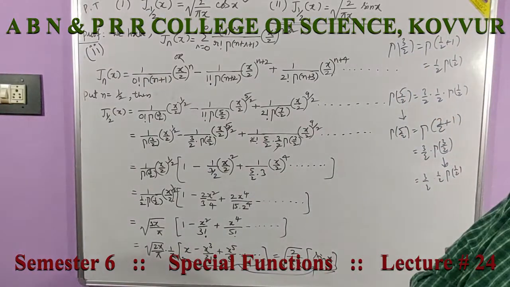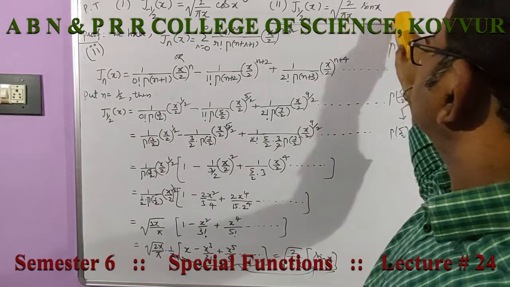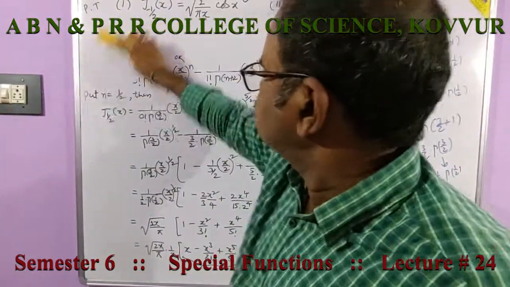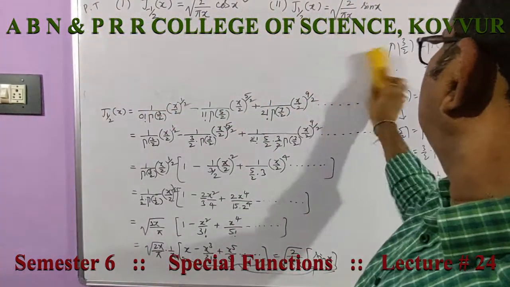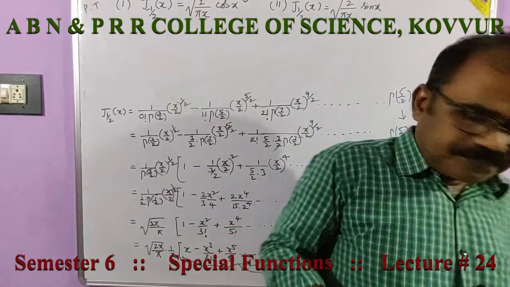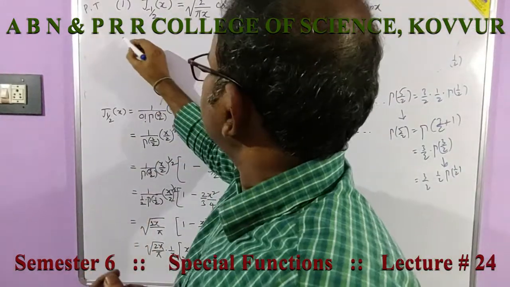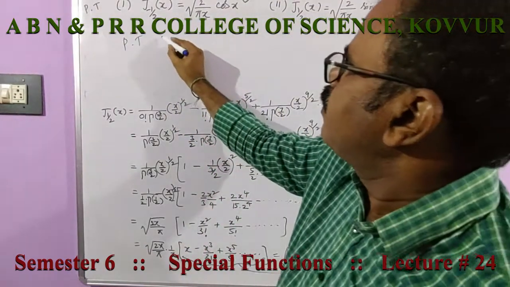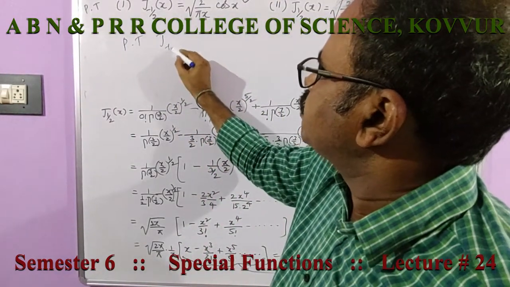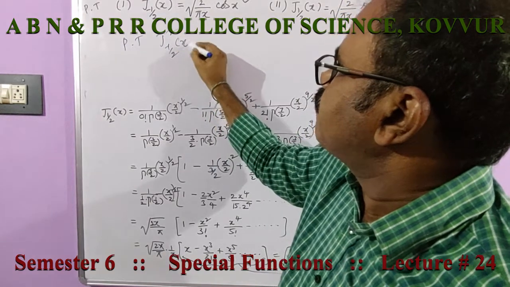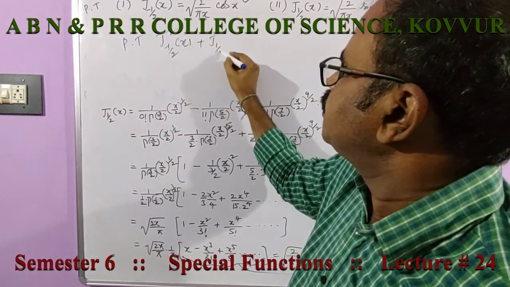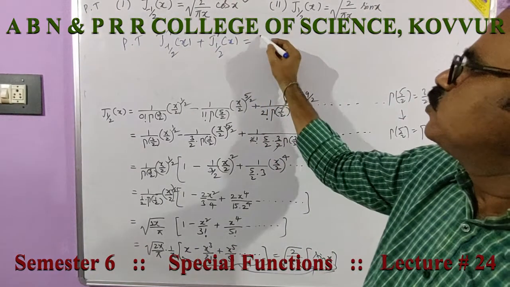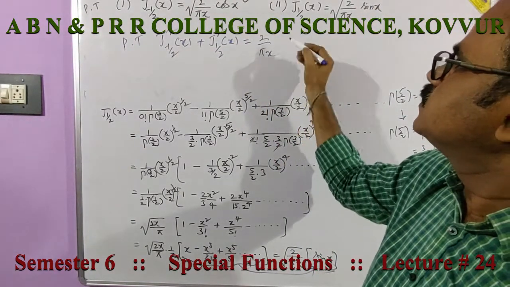Further you may be asked one question: prove that J minus 1 by 2 square of x plus J 1 by 2 square of x is equal to 2 by pi x.